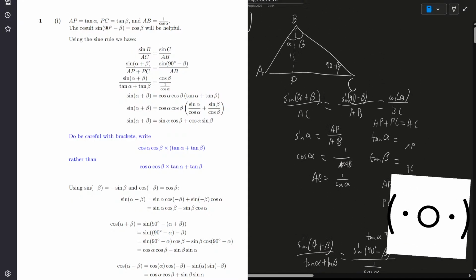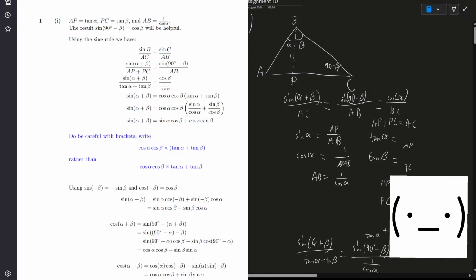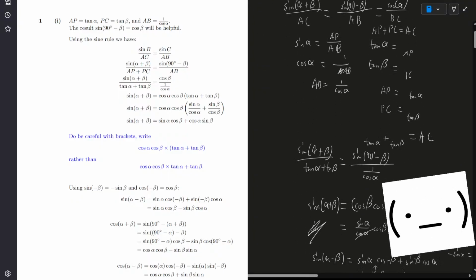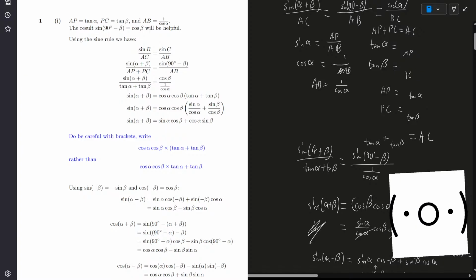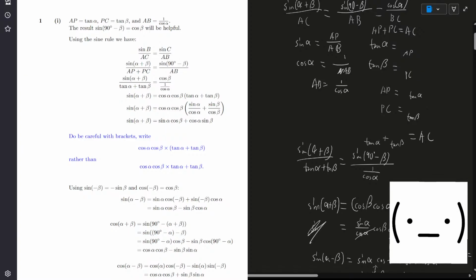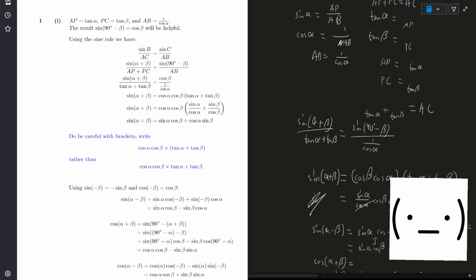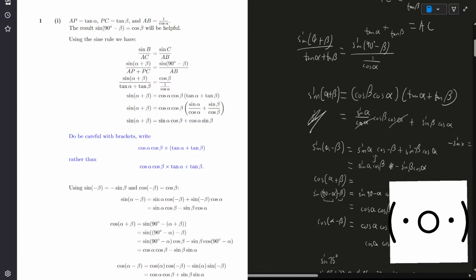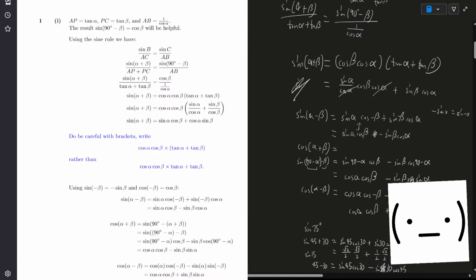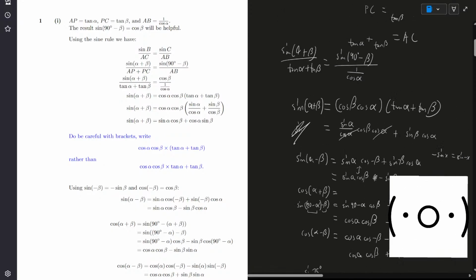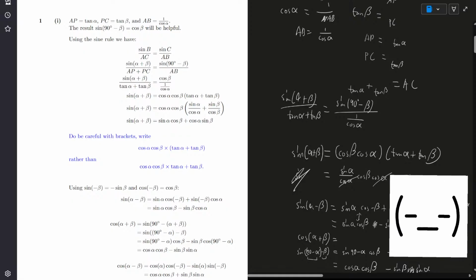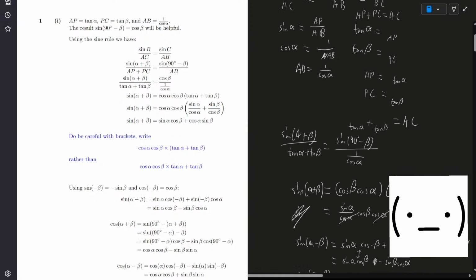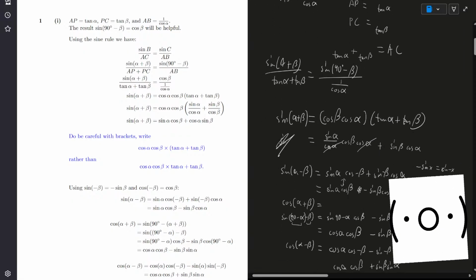I can't be bothered to verify this. So they prove sin pretty quickly. Do they? So they do the first bit really quickly, and then they essentially do the same thing.